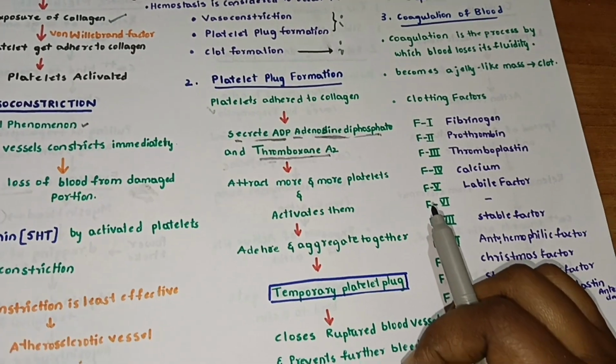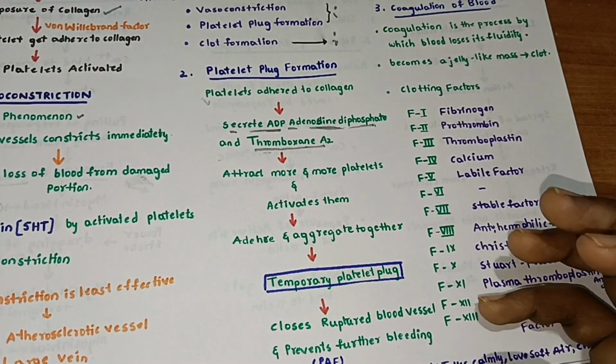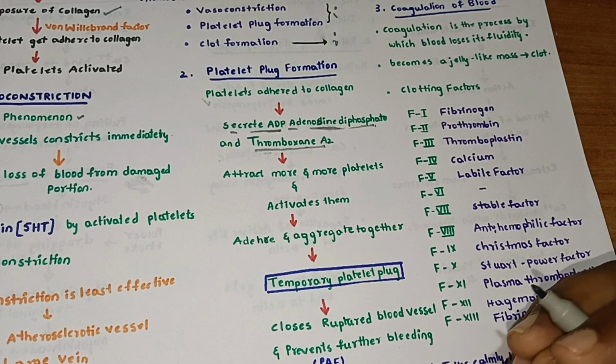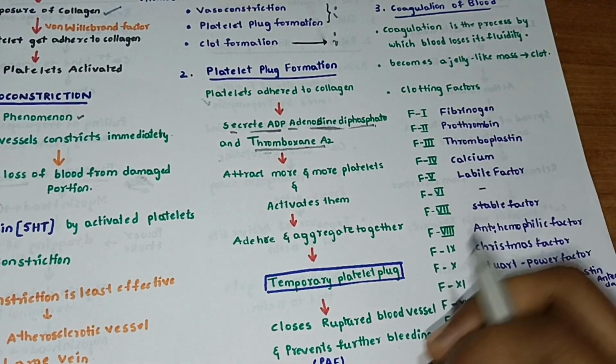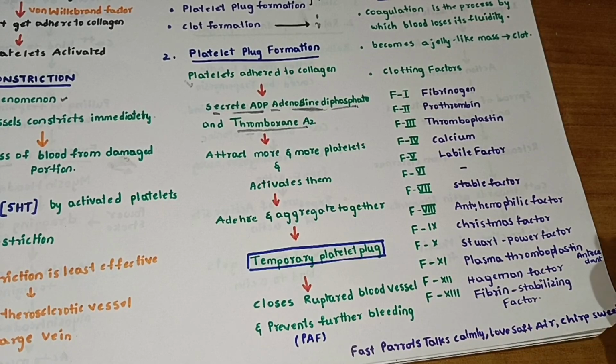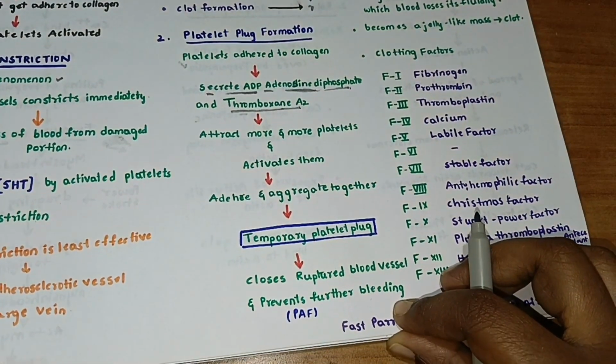That leads to adhesion and aggregation of the platelets together. The activated platelets adhere to each other, forming a temporary platelet plug that closes the ruptured blood vessel.